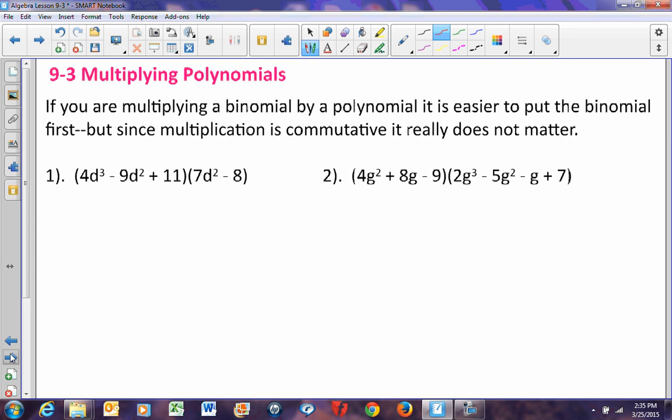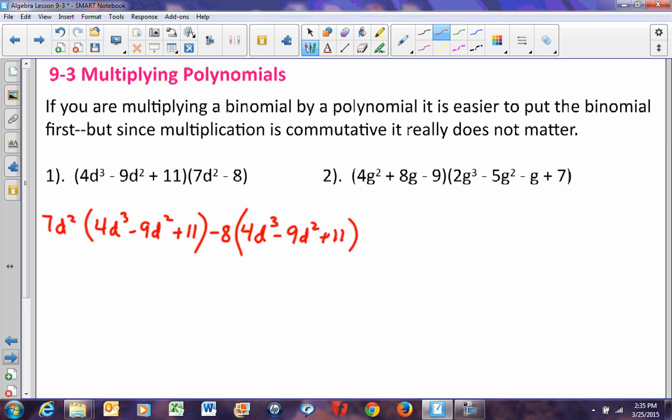So I have a tendency to write 7b squared times 4b to the third minus 9b squared plus 11, and then my minus 8 times 4b to the third minus 9b squared plus 11. Okay, and then distribute like normal.